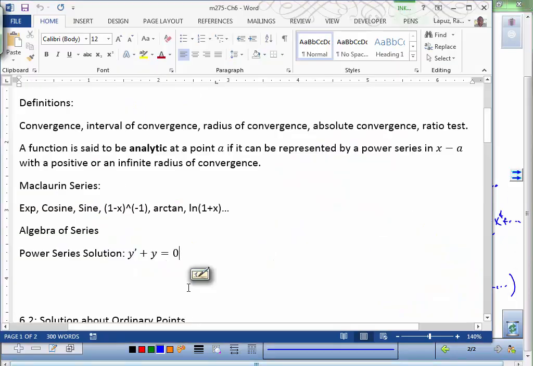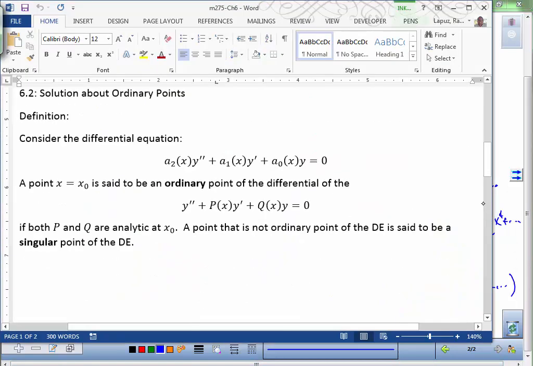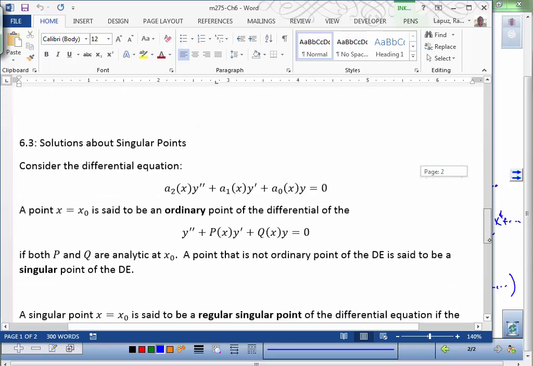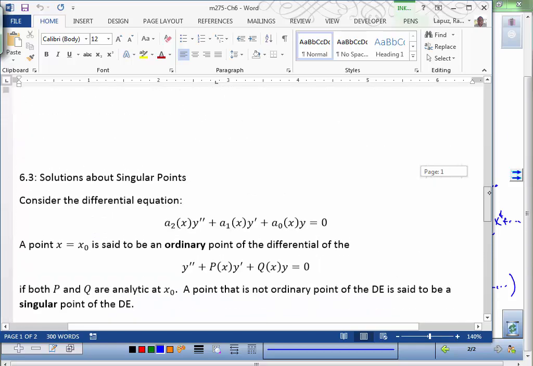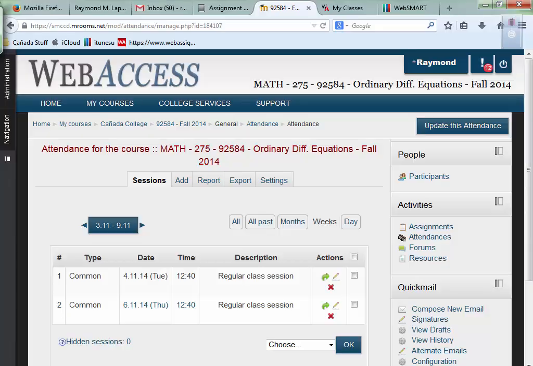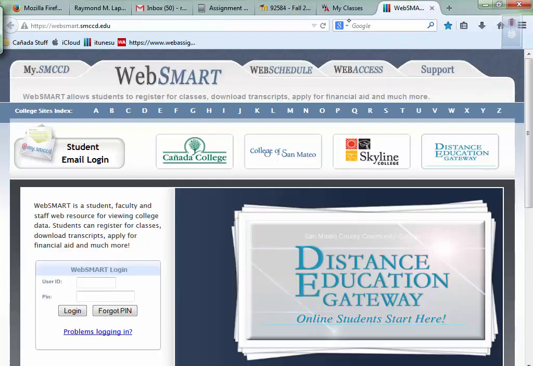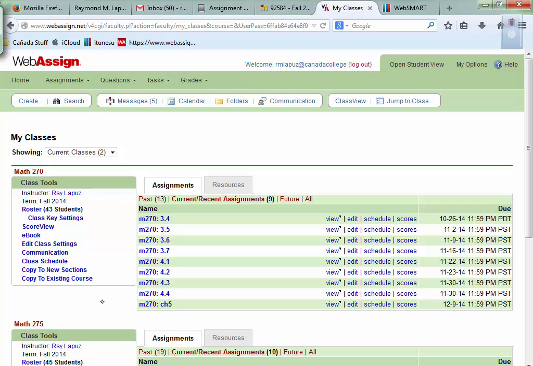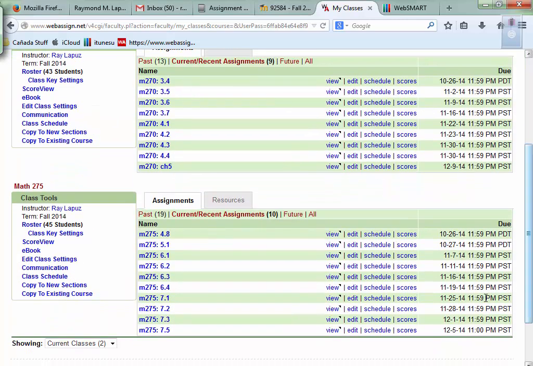See if I have any examples in my notes. Oh, let's see if we could do an example from homework. We're on 6, right?